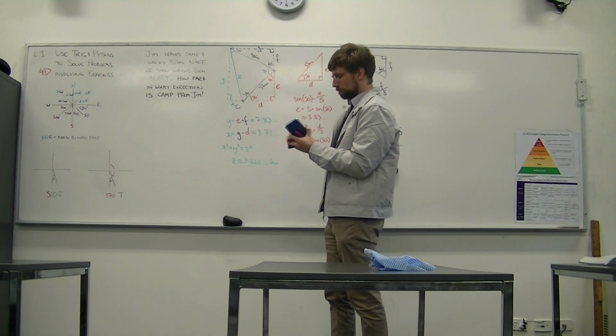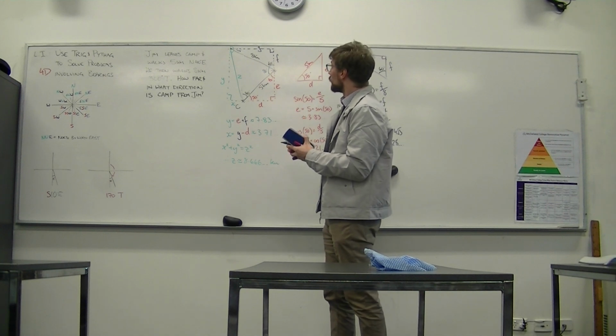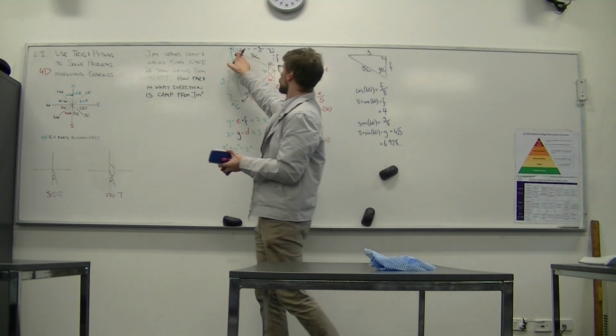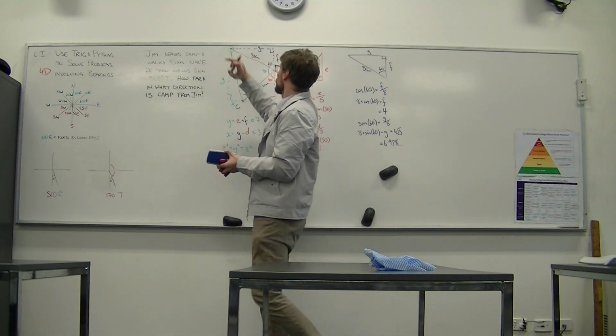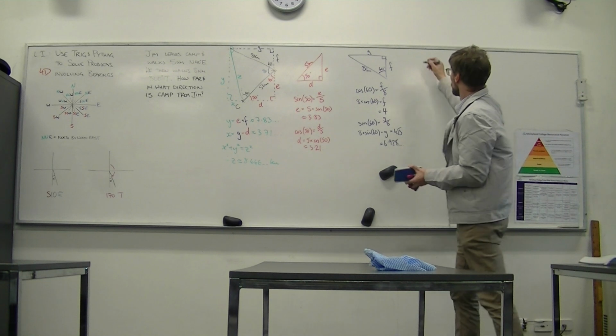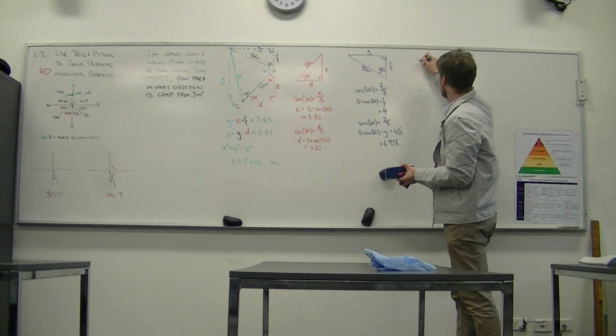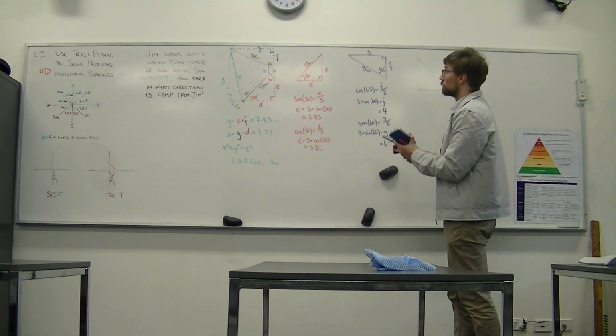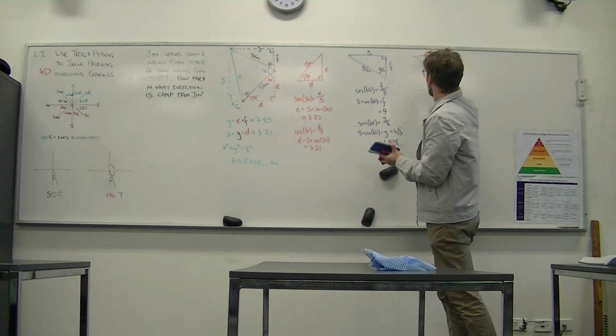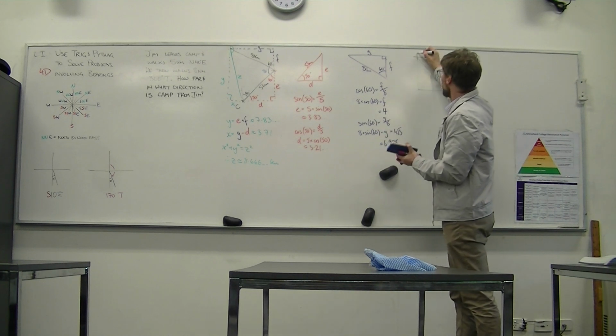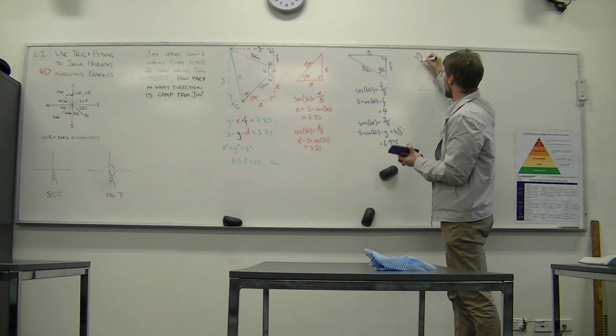Okay, fine. Oh, actually I don't even need that. Never mind, forget that. Cool. I've got this green triangle. I'm going to put a north-south up there. The angle I ultimately want is that one there.